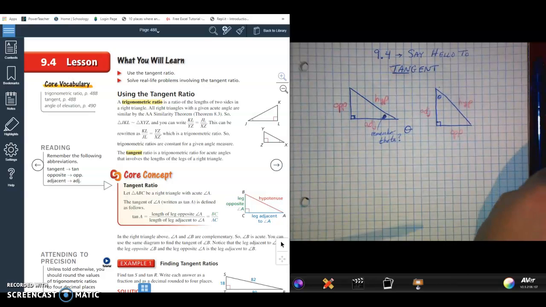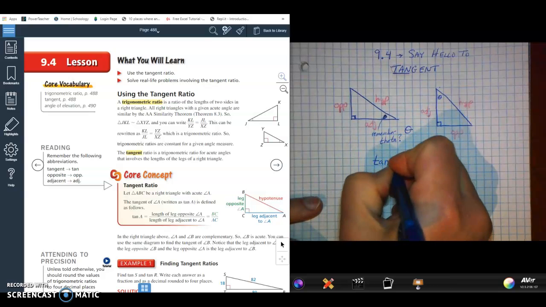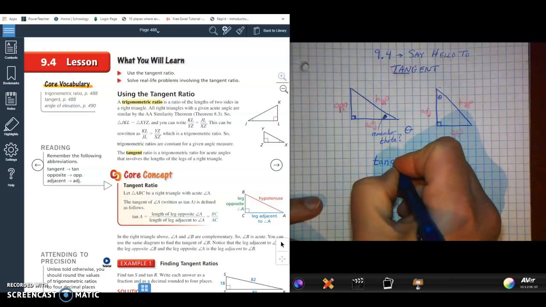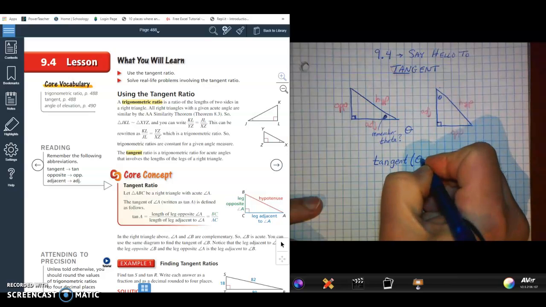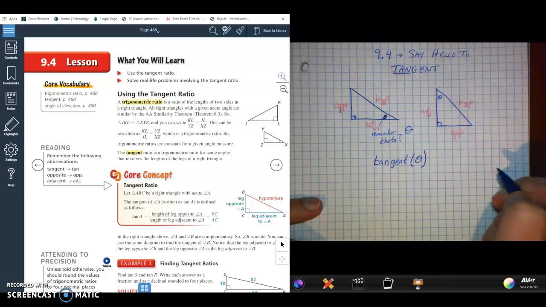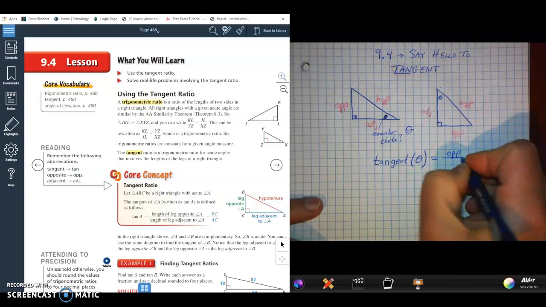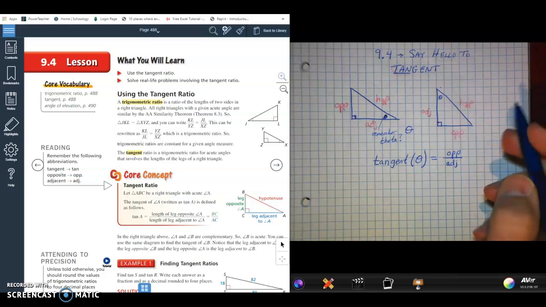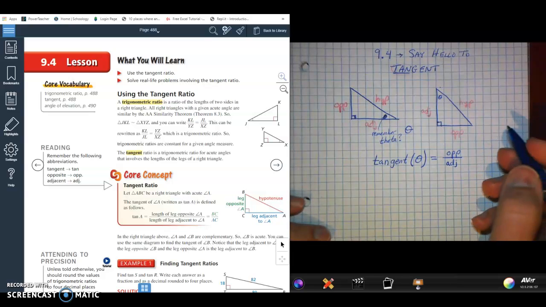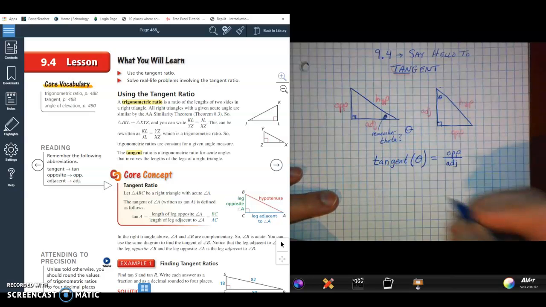So we say the tangent of whatever angle we're looking at is always going to be the ratio of the opposite leg over the adjacent leg. This technically builds an equation for us that we'll be using in our math part in a moment.